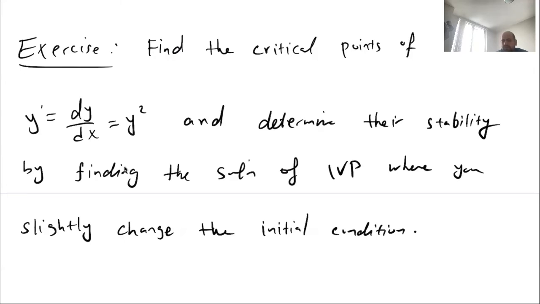In that case, if that happens, then you would call your critical point y equals 0 stable. But if the limit suddenly changes, then that means the critical point is not stable.